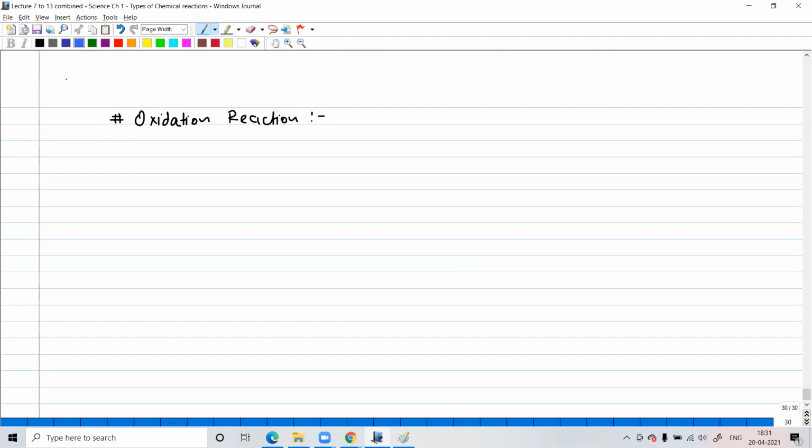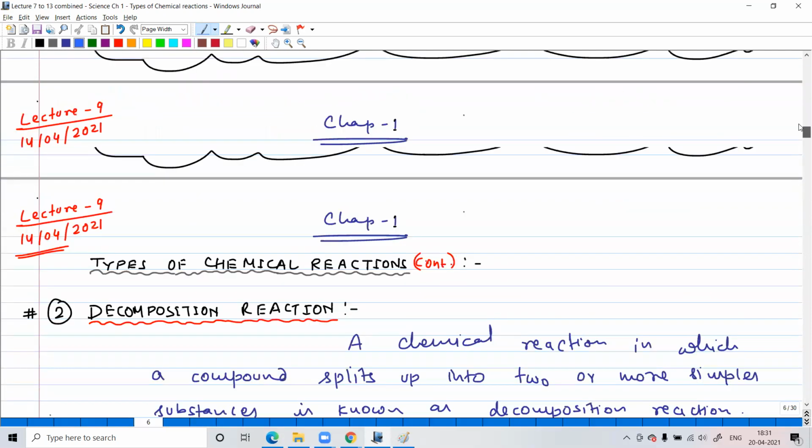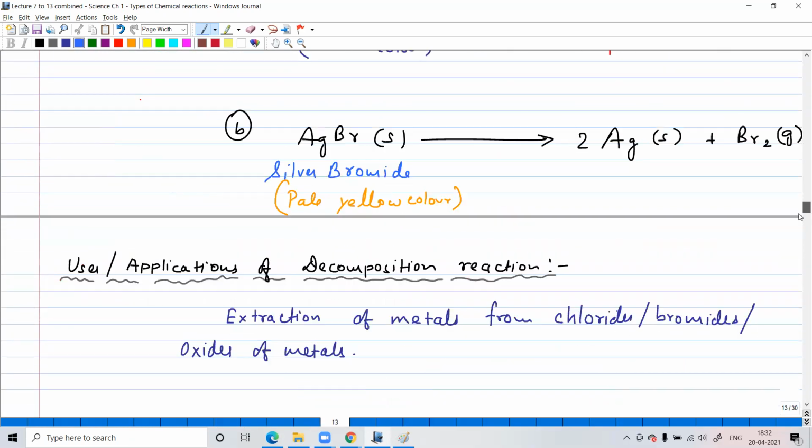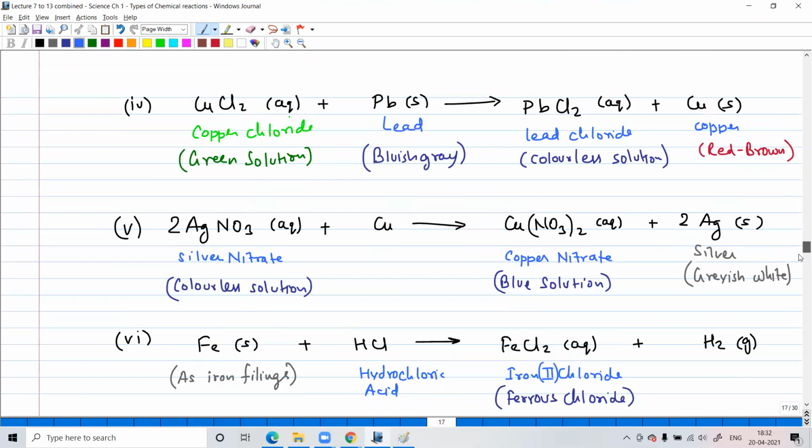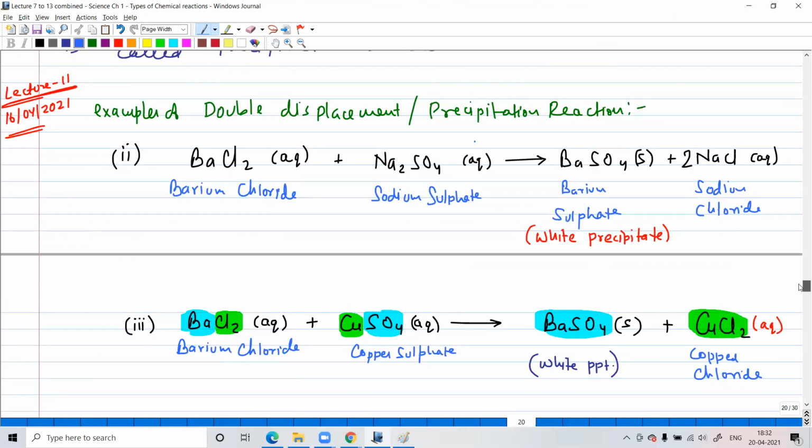Remember, this is an alternate definition. But in your board exam, if they ask you to define this, you will use the definition which I gave first, the earlier definition. That's for your exams.